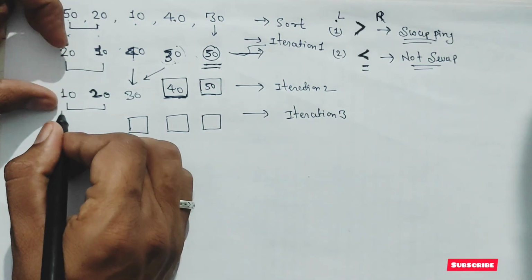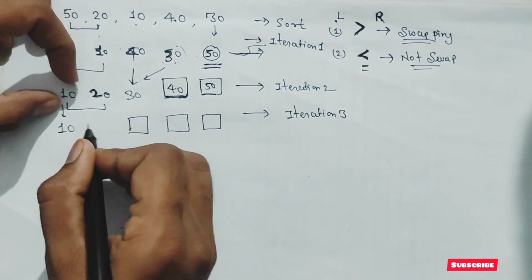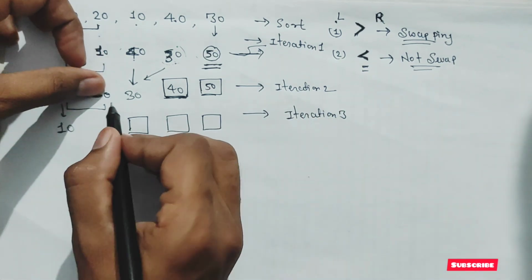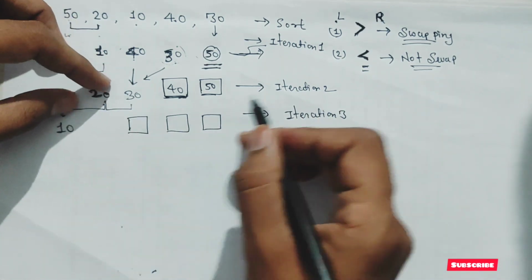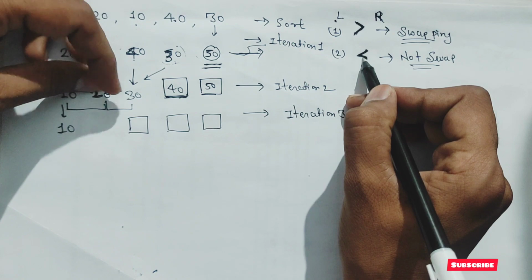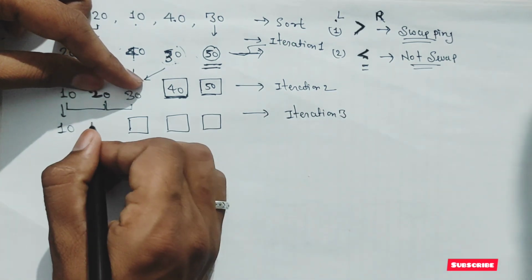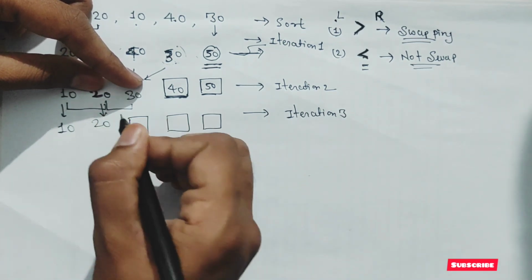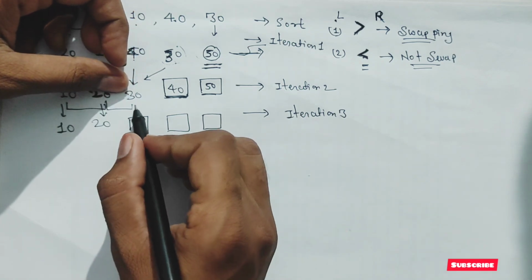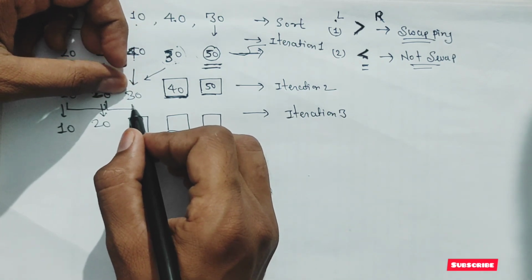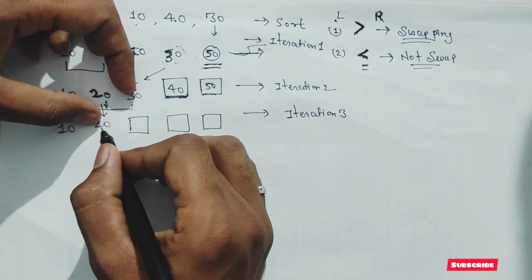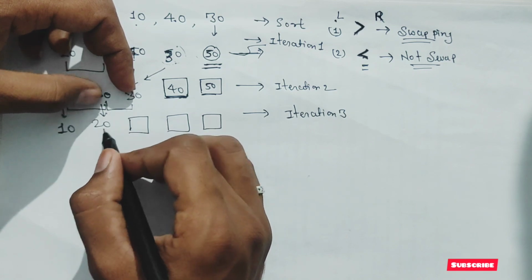Now at the next condition, 20 and 30 will compare, so 20 is less than 30, so again swapping will not be done. 20 stays the same, so we have done that.